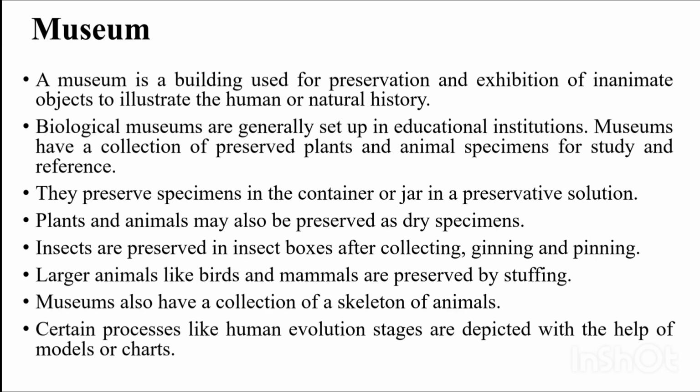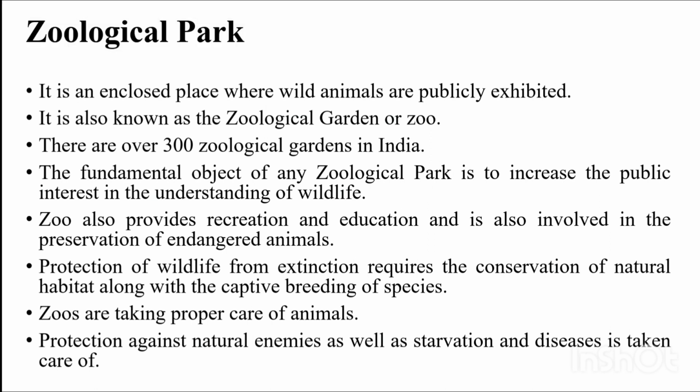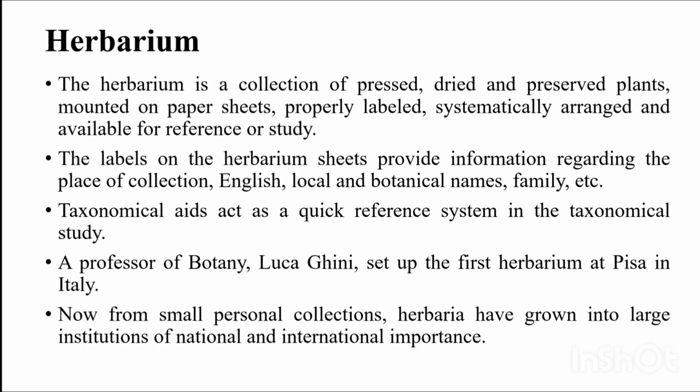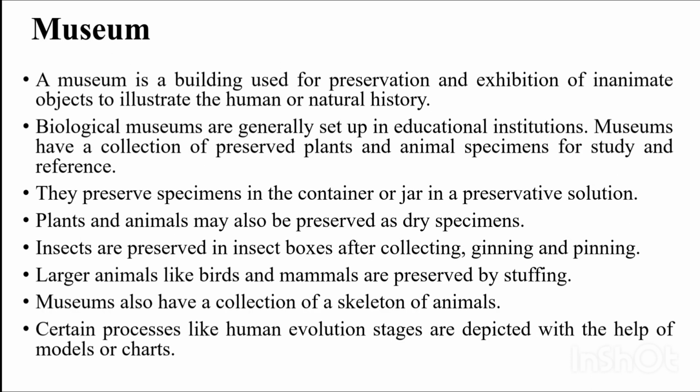Now let us discuss the taxonomic tools or taxonomic aids which are present in your syllabus. One is the museum, second is the zoo or zoological park, third is the herbarium, and the last one is botanical gardens. So what is a museum? It is a building used for preservation and exhibition of inanimate objects to illustrate human or natural history.